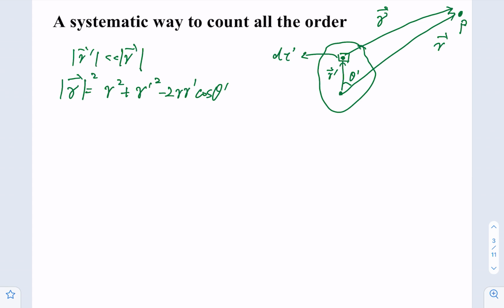And because r prime is a really small quantity, we can write r prime over r as a small value.